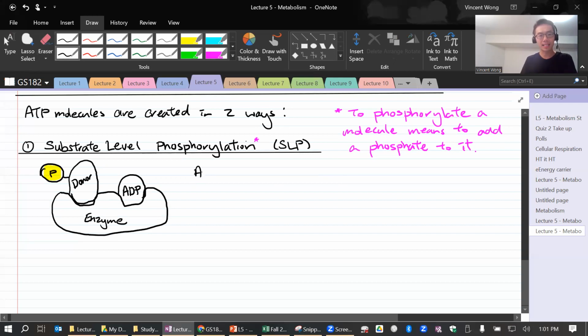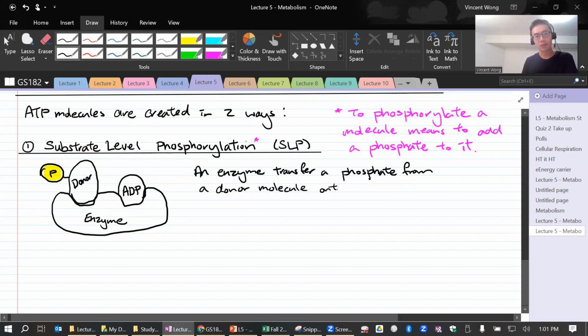So an enzyme, which is a protein, transfers a phosphate from a donor molecule onto ADP to produce ATP.